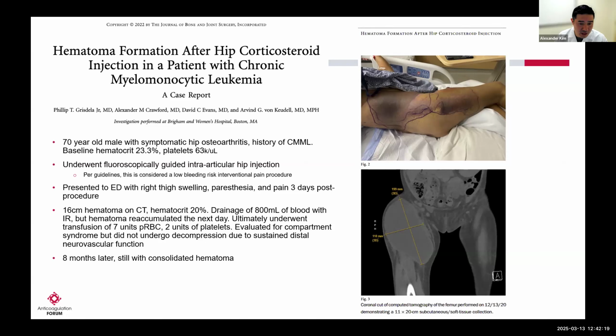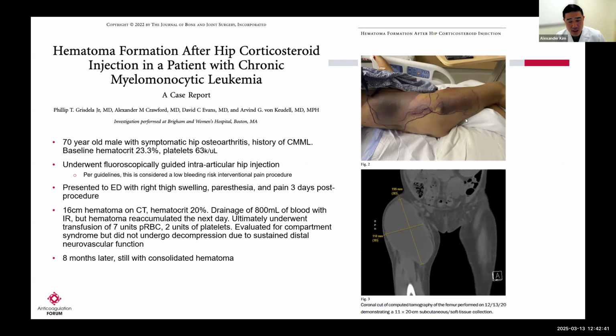I would tell you, as far as joint injections go, hip injections are probably the deepest joint that we access, and there's also important vasculature, the femoral vasculature, just superficial to the hip joint.